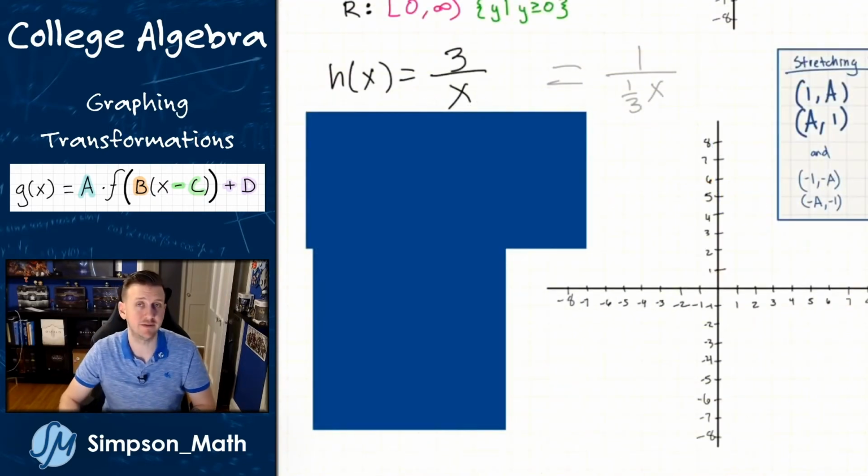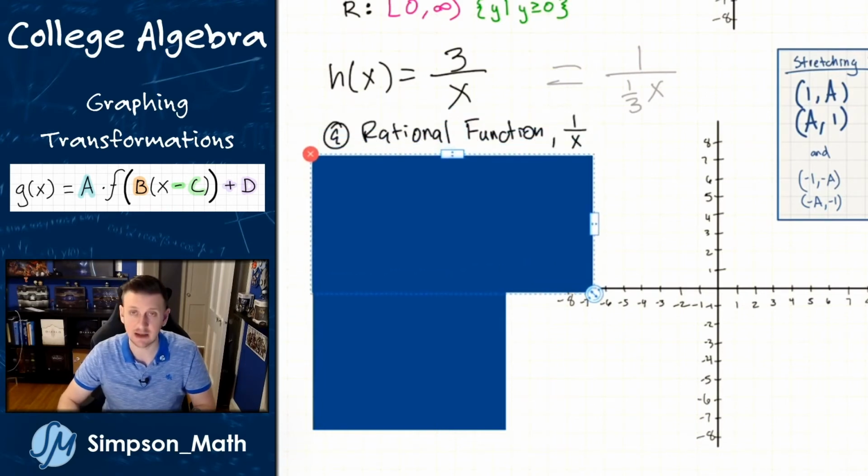All right, let's talk about h of x is 3 over x. So what parent function is this? Well, we have an x that's in the denominator of a fraction. So that must be, again, our rational function, 1 over x. Right? And so we have a 3 that is multiplying.